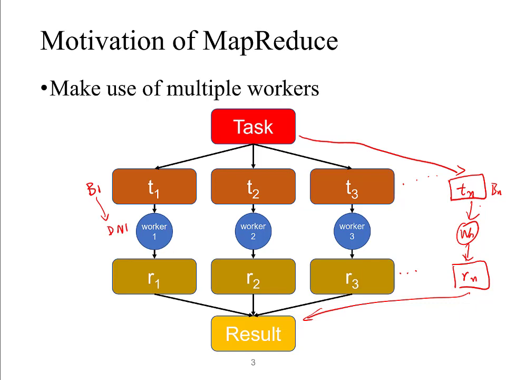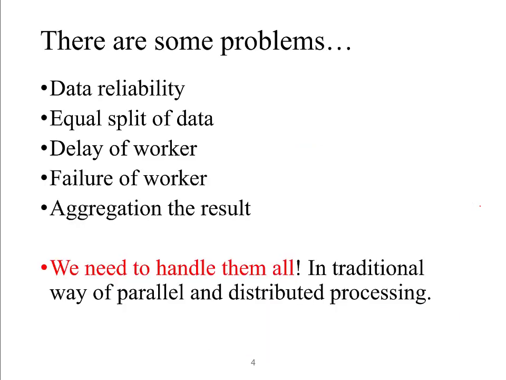So that is what we intend to do. However, there are several problems or issues in this scenario. For example, data reliability. When any of the machines are not working or have lost part of the data, you need to handle this.